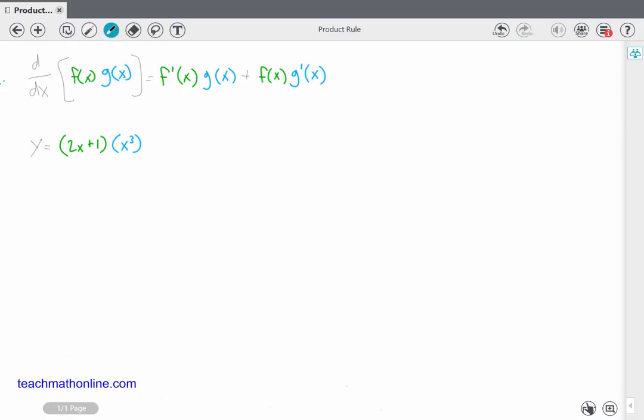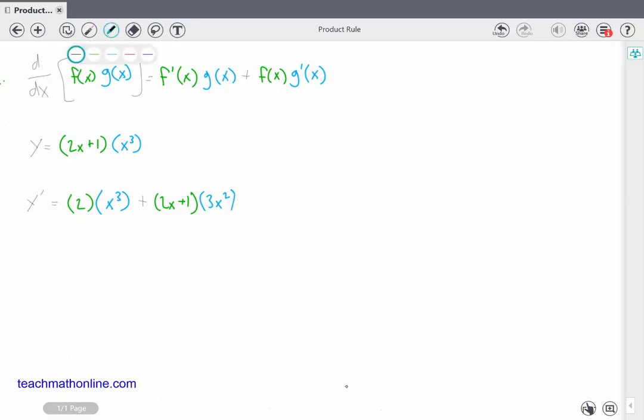So in order to find y prime, what we want to do is take the derivative of the first, so that's just going to be 2, times the second, which is x to the third, plus the first function, which is 2x plus 1, times the derivative of the second, which is 3x squared.